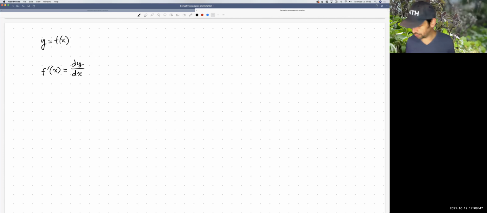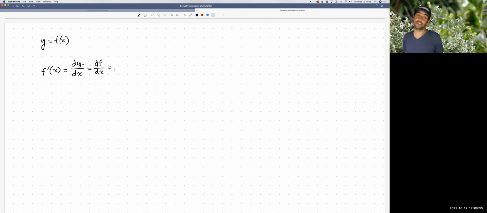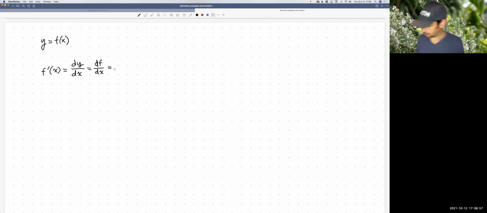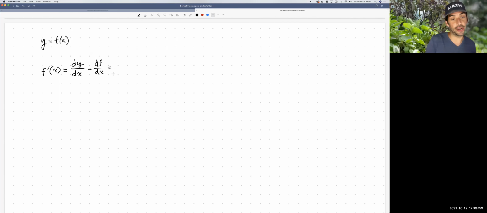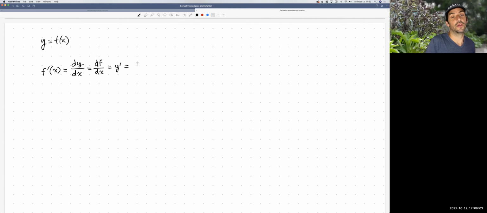Okay, we'll talk more about this one in a second. Or you might see df over dx. These are all representations of the same thing. We also might write y prime or d dx of f of x.